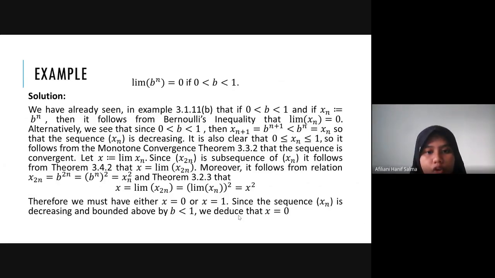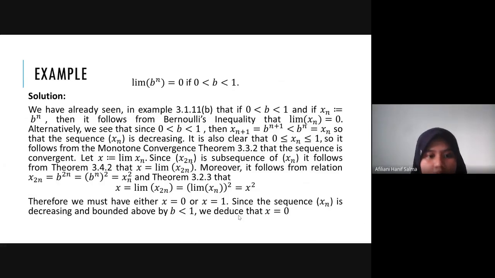Moreover, it follows from the relation x_{n^2} = b^{2^n} = (b^n)^2 = x_n^2, and Theorem 3.2.3, that x is equal to the limit of x_{n^2}, which is equal to the limit of x_n^2, which is x^2.